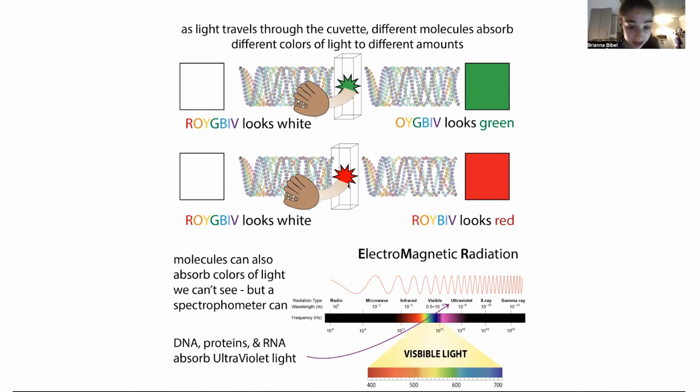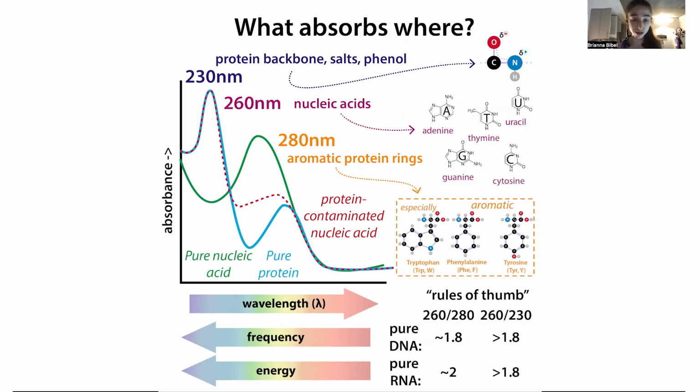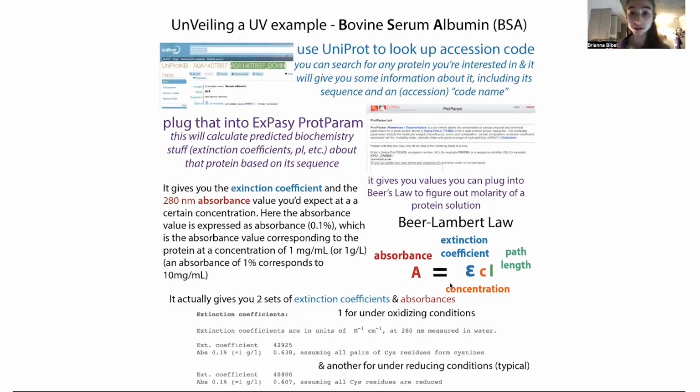Sorry, I'm looking for that slide and I can't find it in this set, but these molecules will absorb in the UV range. And we can use this thing called the extinction coefficient to figure out exactly the concentrations of these molecules based on how much of the light they are absorbing. I'm using this thing called the Beer-Lambert Law, and I go into this in more detail in other posts.